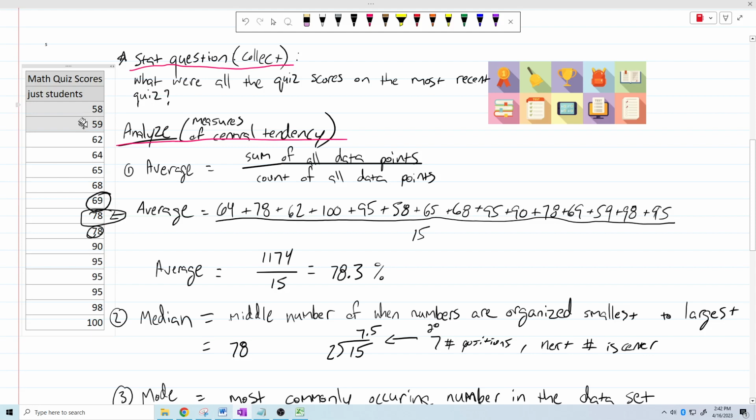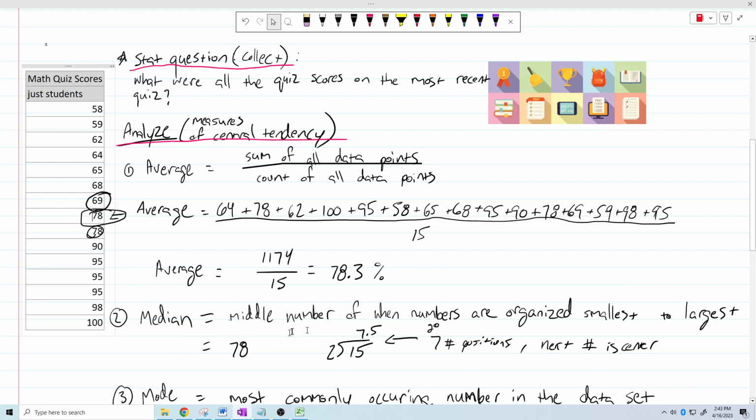I counted 1, 2, 3, 4, 5, 6, 7, my 69. Then the immediate one right after that, 78. And once again from the bottom going up, 100, 1, 2, 3, 4, 5, 6, 7, and then the immediate number position right after, which was again 78. So everything checks out. Median, 78.